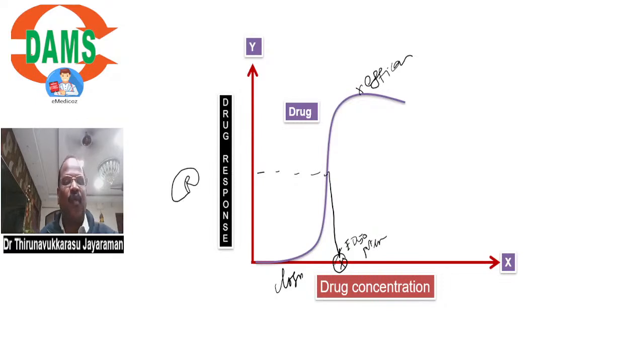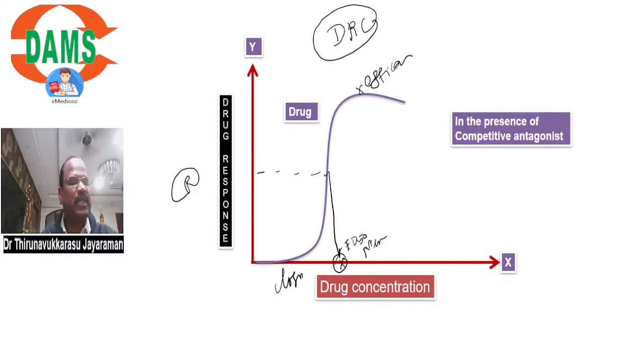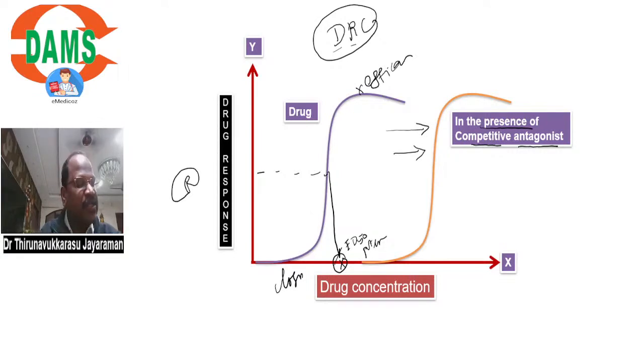Now the question: what happens to this dose response curve in the presence of competitive antagonism? In the presence of competitive antagonism, the dose response curve will be shifted parallelly to the right. When it is shifted parallelly right, look at the height: same height.